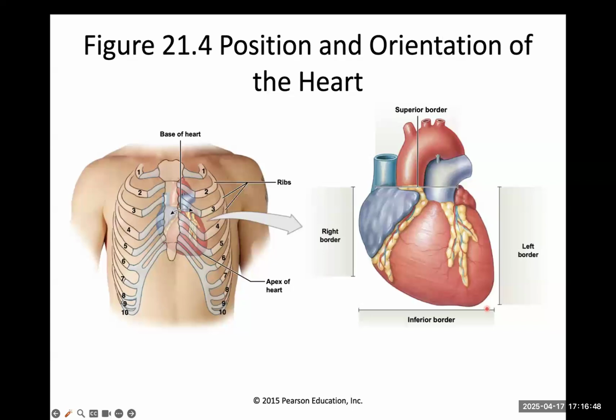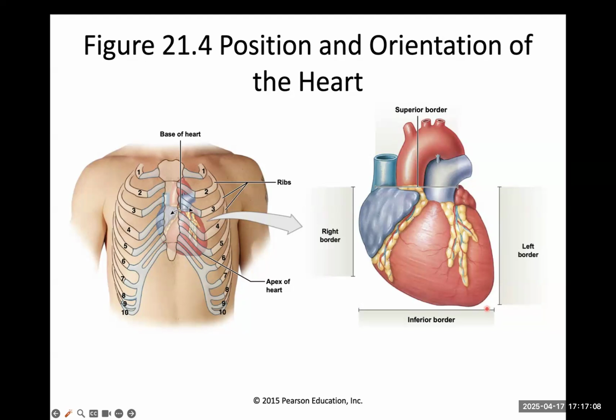The reason you find some heart dissections online where the apex is facing the wrong direction is that they're anonymous, just random people taking pictures while dissecting, and they're not putting it in the correct position.